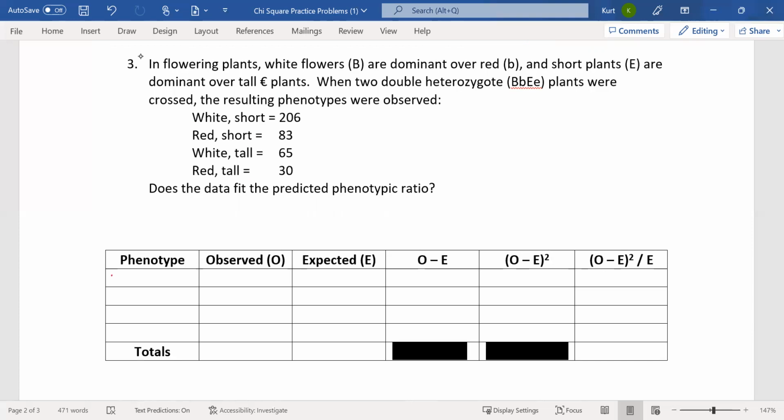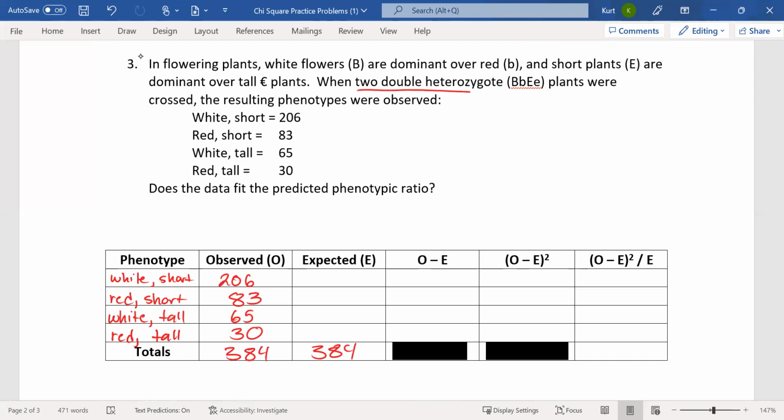So I can go ahead and write in a few things in the box here. Can you tell me what 206 plus 83 plus 65 plus 30 is? 384. Thank you.